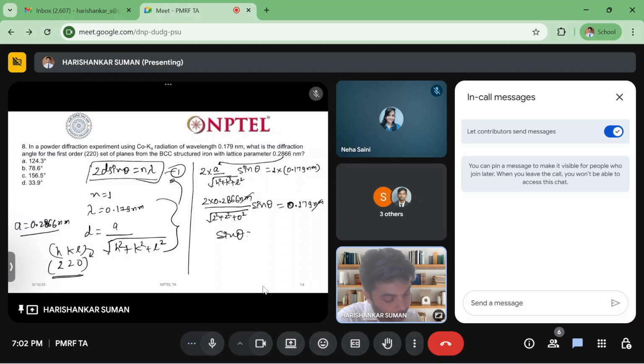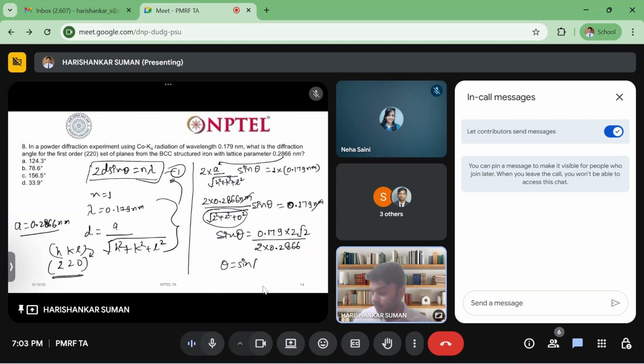Sin theta equals 179 divided by 2 times this number and 0.2866. You can take sine inverse of this number.